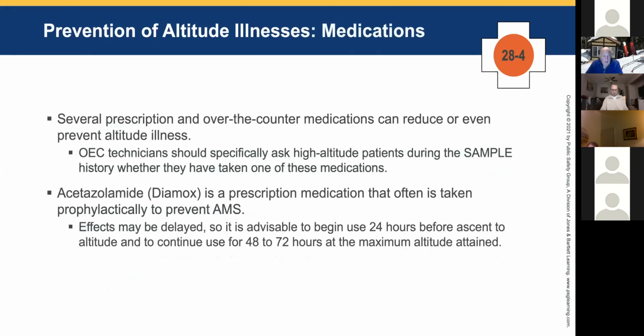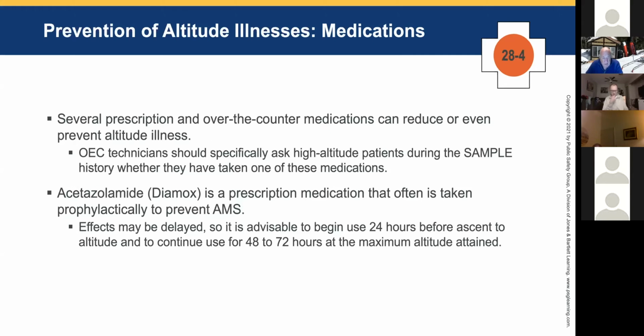Okay, there are several prescription and over-the-counter medications that can reduce or even prevent altitude illness. OEC Techs should specifically ask high-altitude patients during the SAMPLE history whether they've taken one of these medications. Diamox is a prescription medication that's often taken prophylactically to prevent AMS.